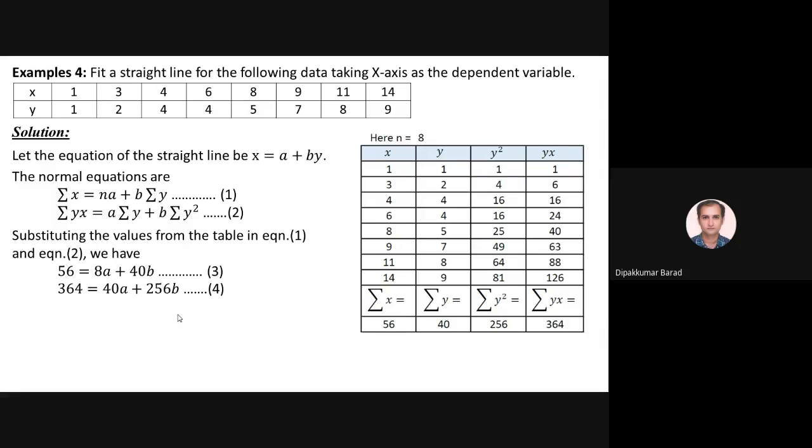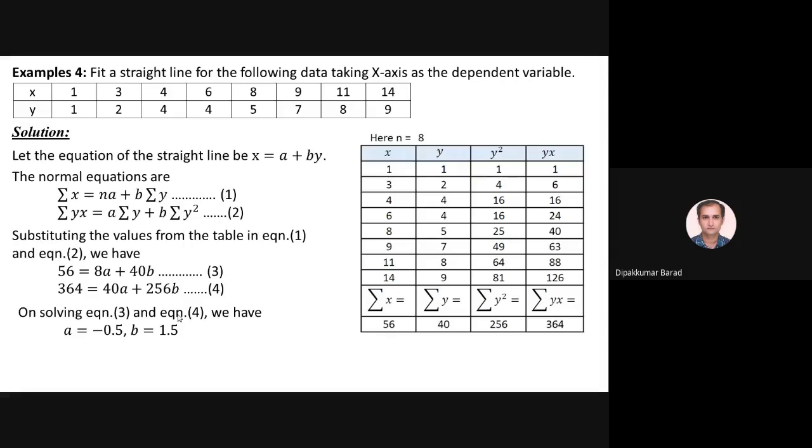I think you get b is equal to 84 by 56, so multiplied with 5, 280. B is equal to 84 by 56, it means 1.5. Yes, 1.5.